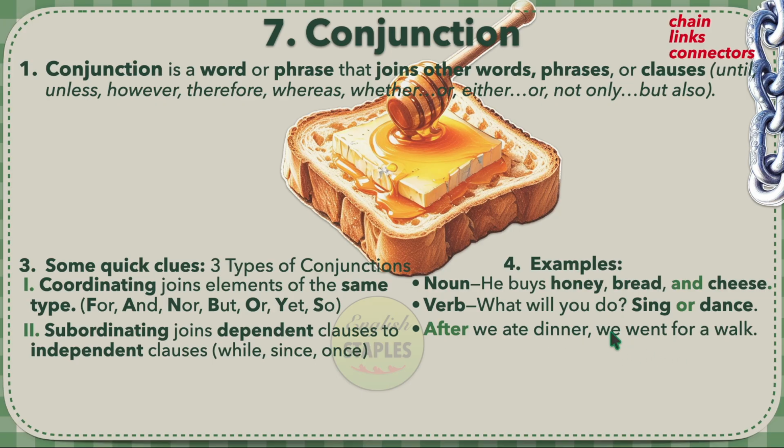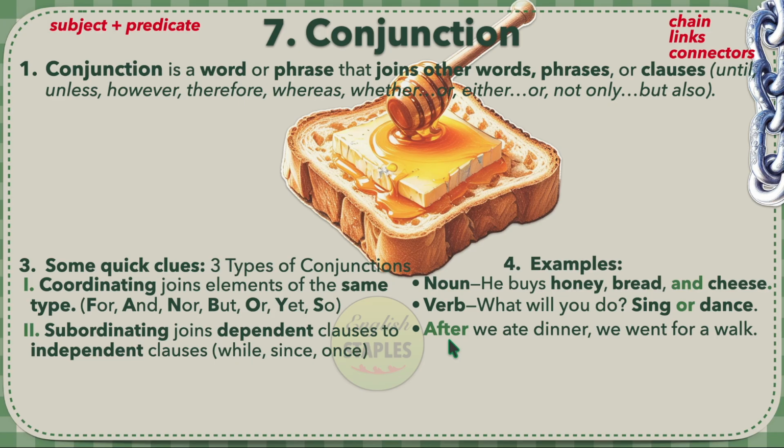We have a subject, we, the verb went, and then went for a walk is the predicate, right? So that's subject plus predicate. That's what that word looks like, predicate. So we have two clauses here, and they are pretty much joined by the word after. After is a conjunction.